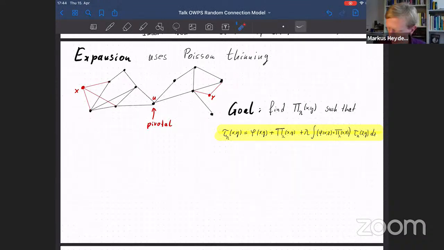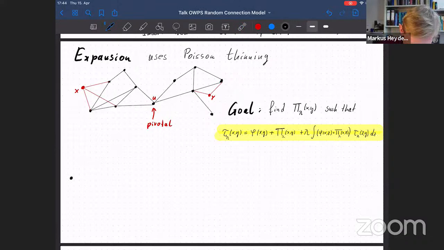And then we start the expansion. Let me try to draw some of this. Let's say there is x and there is y, and they are somehow connected. Let me draw a wavy line, which means somehow connected. There are different possibilities, which we have had already.